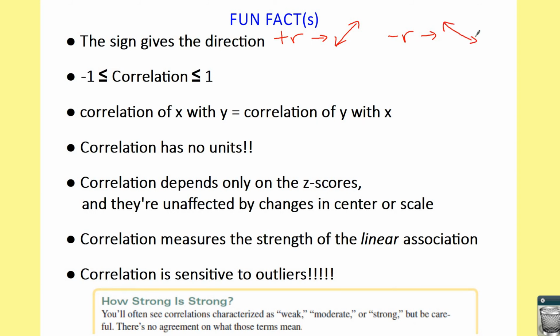It's not the actual slope, but you can kind of think of it like that, and it helps in that sense. The correlation is always between -1 and 1. It can actually be -1 or 1, but that's super rare, because that means a perfect relationship.